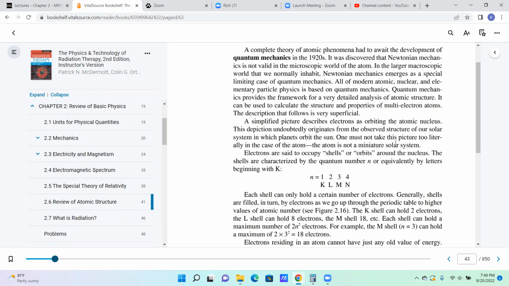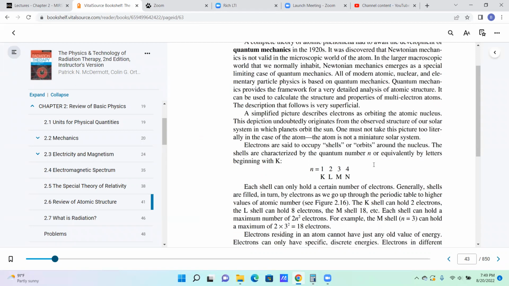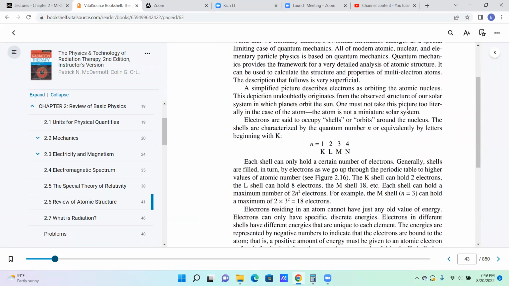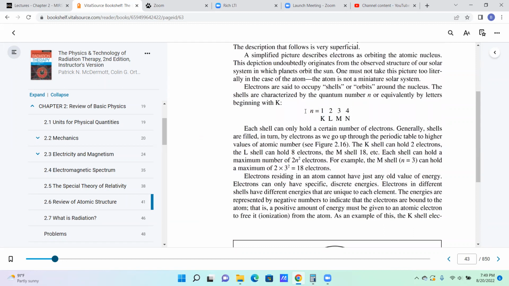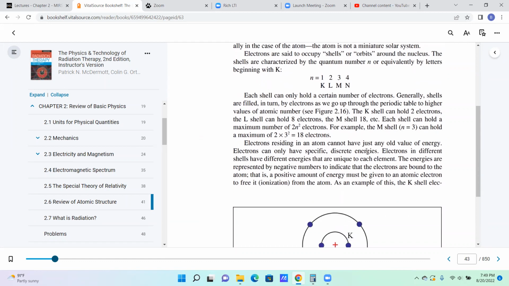A simplified picture describes electrons as orbiting the atomic nucleus. This depiction undoubtedly originates from the observed structure of our solar system, and you can't take that quite as rigidly as you might like. But electrons are said to occupy certain shells or orbits, and these are categorized by the quantum number n, which you see here, and begins with K. Why? I don't know.